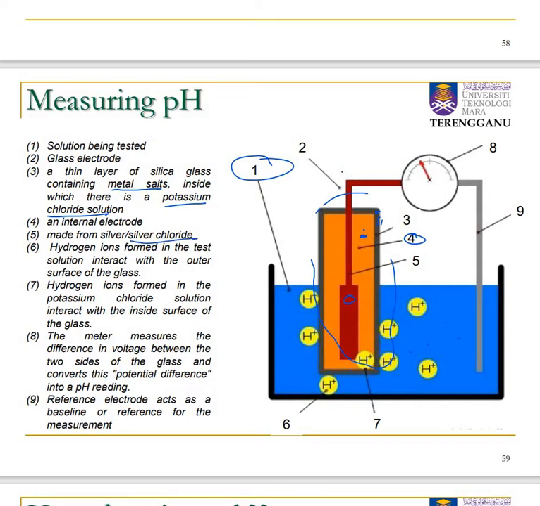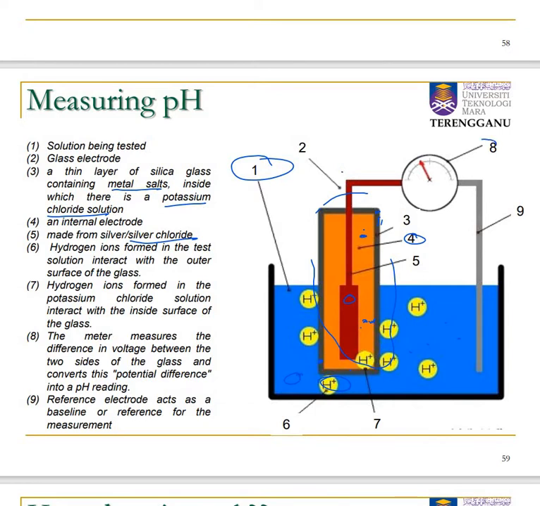So number 6 is the hydrogen ion formed in the test solution. Here is the hydrogen ion that will form inside the test solution due to the interaction of the ion inside the solution and also at the outer surface of this glass. And inside this glass electrode also forms hydrogen ion. This is due to interaction of the potassium chloride solution with the inside surface of the glass.